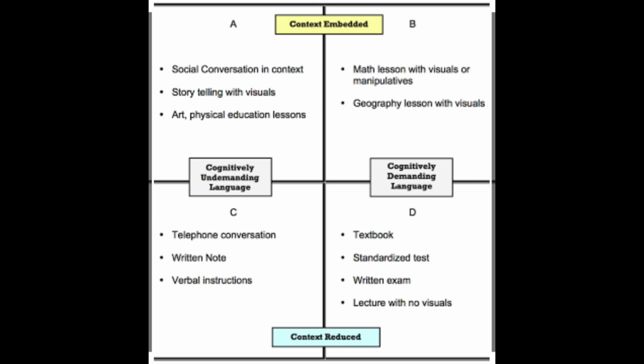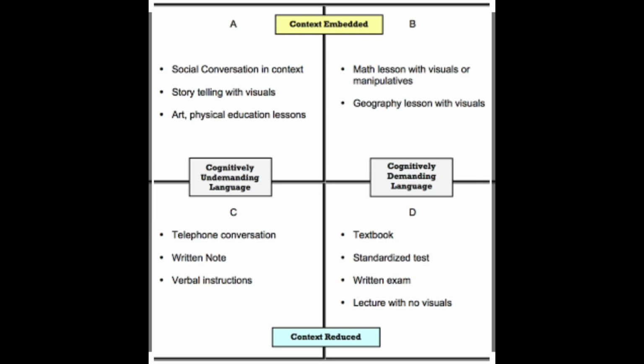Now, in the homework reading, you'll have learned about this. In essence, just to summarize, Cummins came up with the idea that as teachers, we need to move our learners from quadrant A to B to C and then to D. A is basically the easiest for language learning and content learning because there's a lot of context and the material is easy to understand. It is cognitively undemanding.